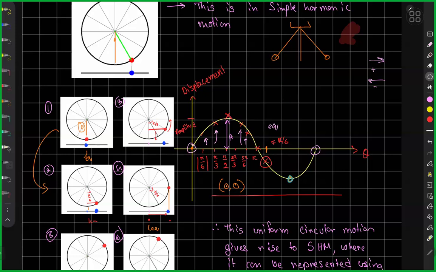This is the maximum displacement on the negative side. And what is this theta? 3 pi by 2. And it comes back to the equilibrium. What is this? 2 pi. That is how we have modeled this graph, this trigonometric function.